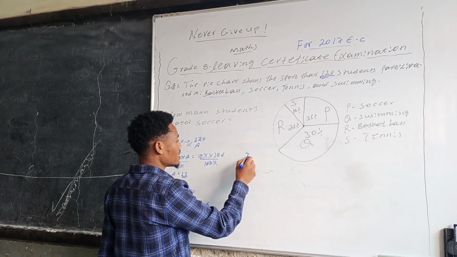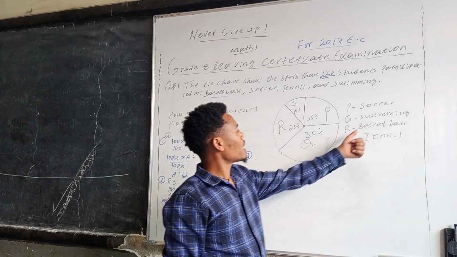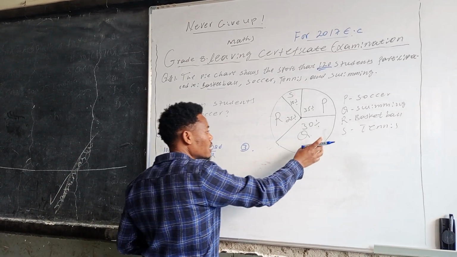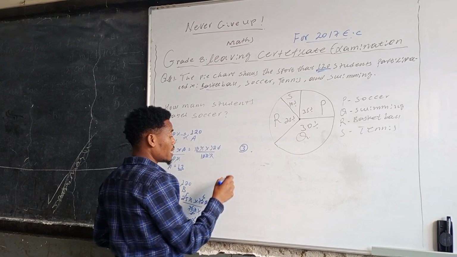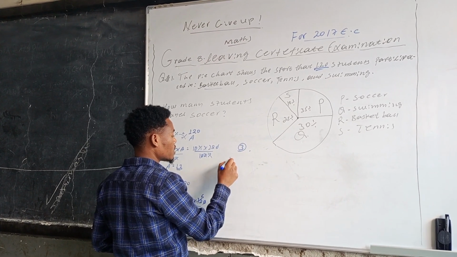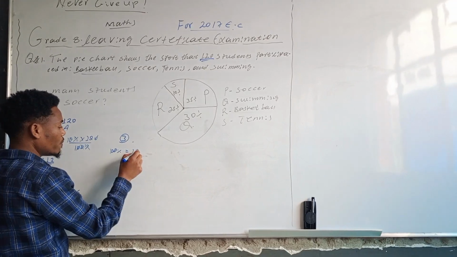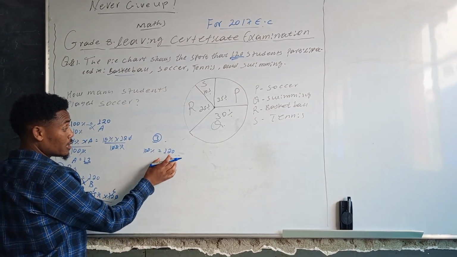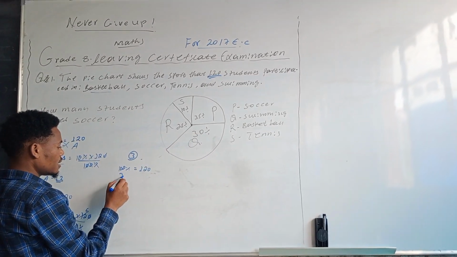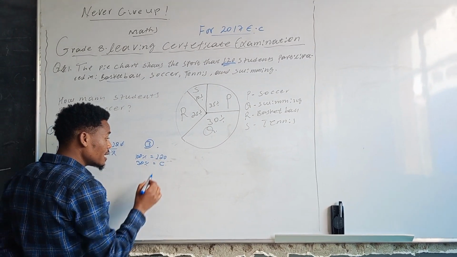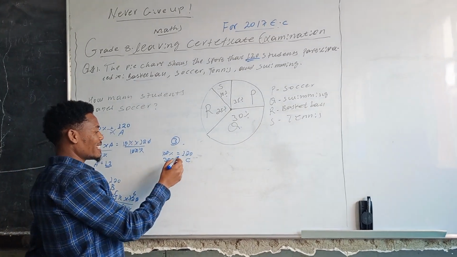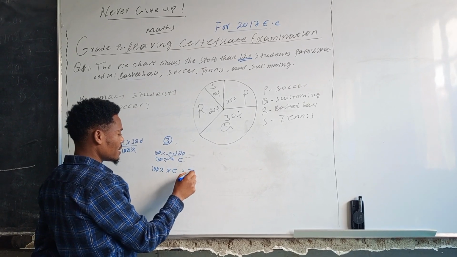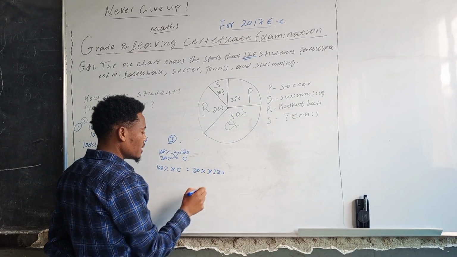The third is to find C, that means swimming. How many of the total 120 students participated in swimming? We use 100% as the total number of students, 120, and the given 30%. Let us call this unknown value C. Crisscross multiplication: 100 multiplied by C equals 30% times 120.